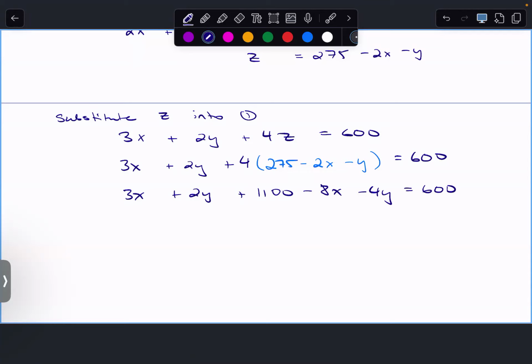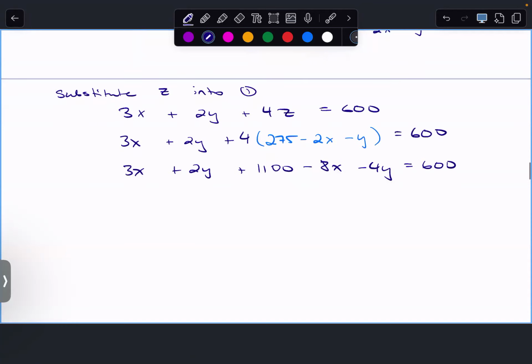Now here's where I like to consolidate and set it equal to 0. That's an unnecessary step, but that's what I do. Like I said, there are many different ways that you can do it.